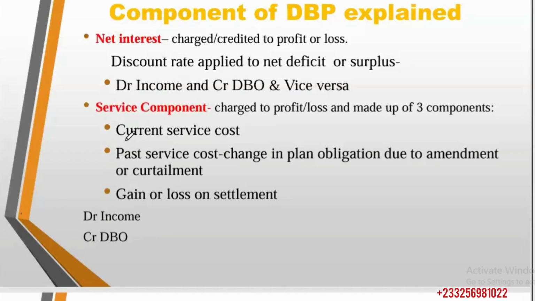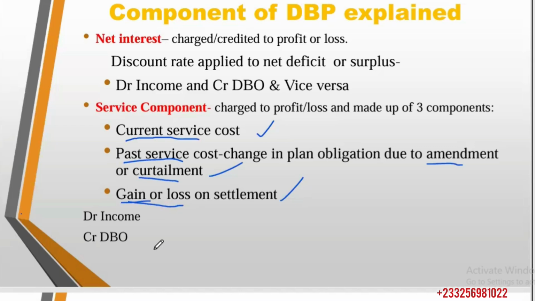The first one is what? The current service cost. Then we have the past service cost, which includes amendments or curtailment, or amendment and curtailment. So we have the current service cost, the past service cost, and loss or gain on settlement. And we looked at the double entry.